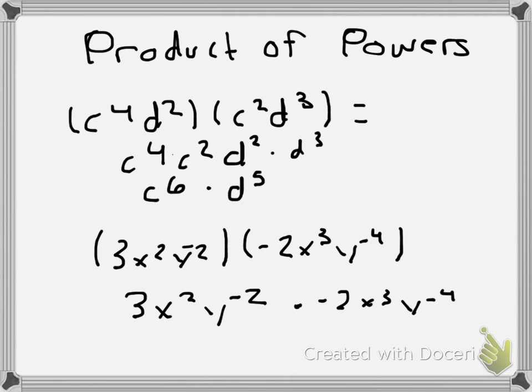You would multiply 3 and -2, -6x^5, and then you do -2 times -4, this will give you y^-6. And since the exponent is negative, y^-6 would go on the bottom. This will be -6x^5 over y^6.